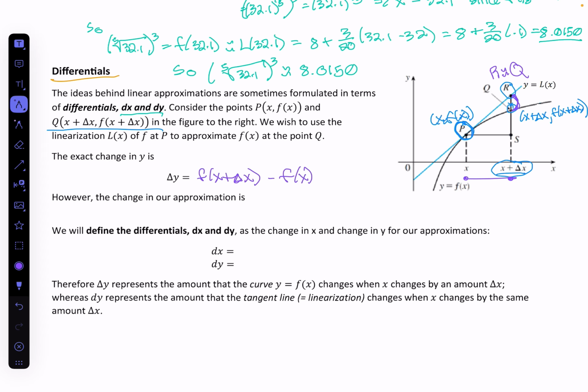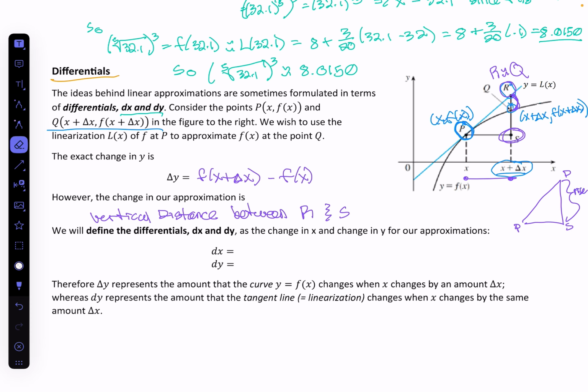However, the change in our approximation is going to be the vertical distance between the points R, which is our approximation, and the point S. Now, if we draw that triangle down here, we have the point S, we have the point P, and we have the point R. We are wanting to know what the rise of this triangle is.